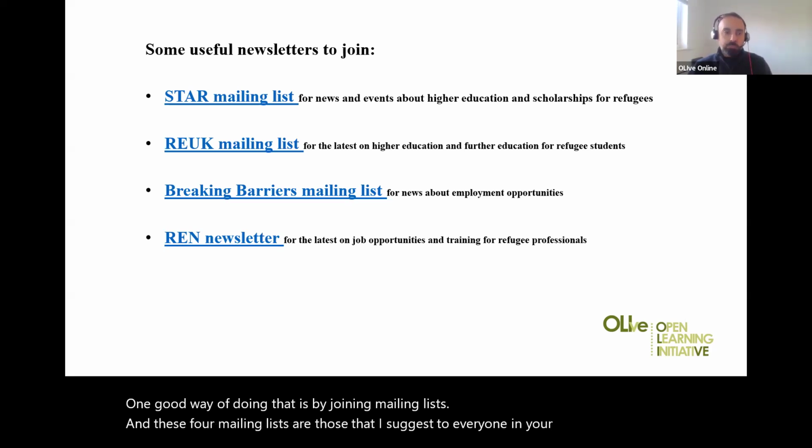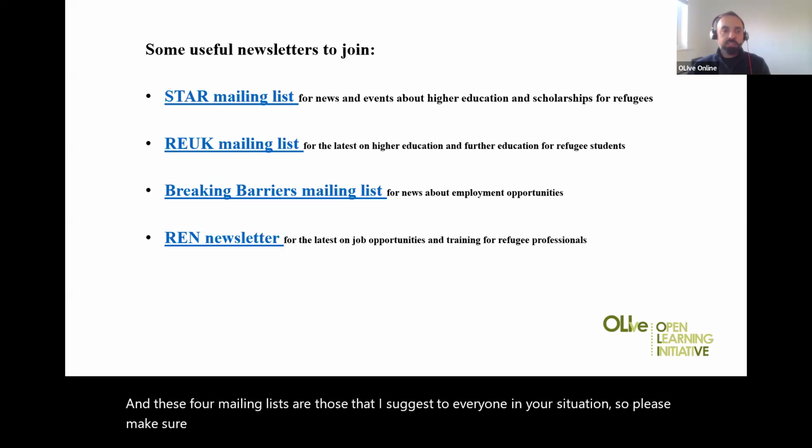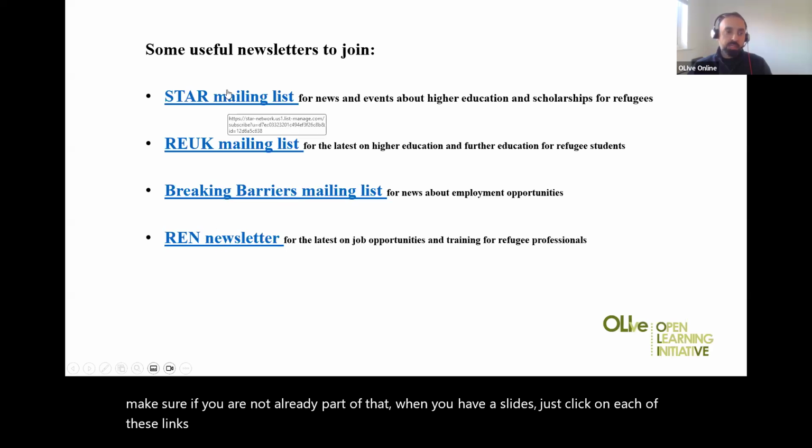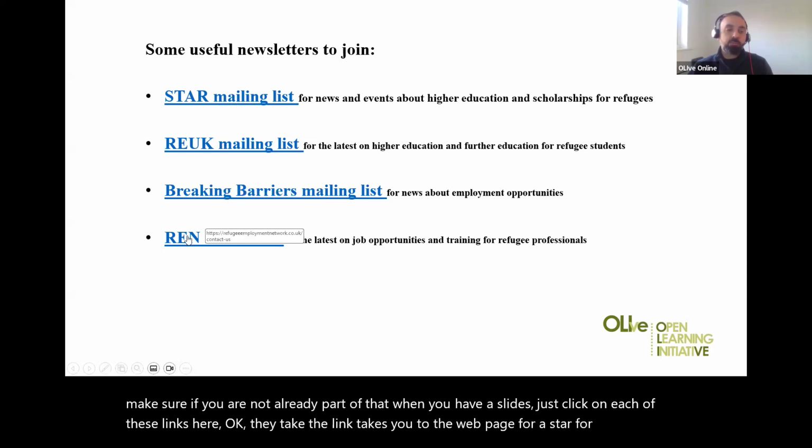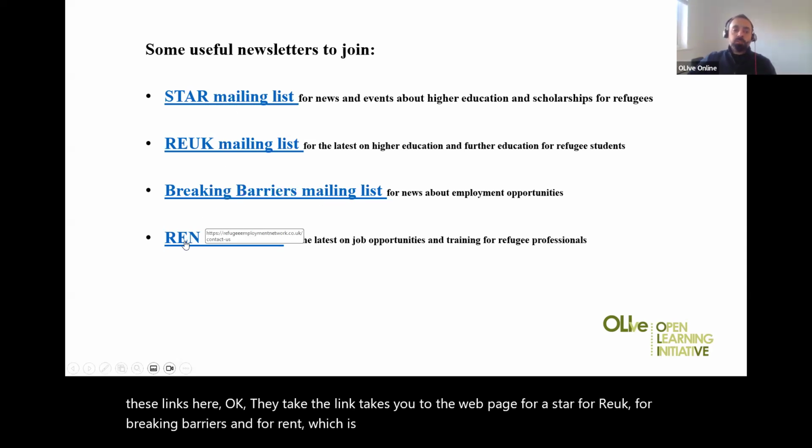So please make sure, if you are not already part of that, when you have the slides, just click on each of these links here. The link takes you to the web page for STAR, for RE UK, for Breaking Barriers, and for REN, which is Refugee Employment Network.